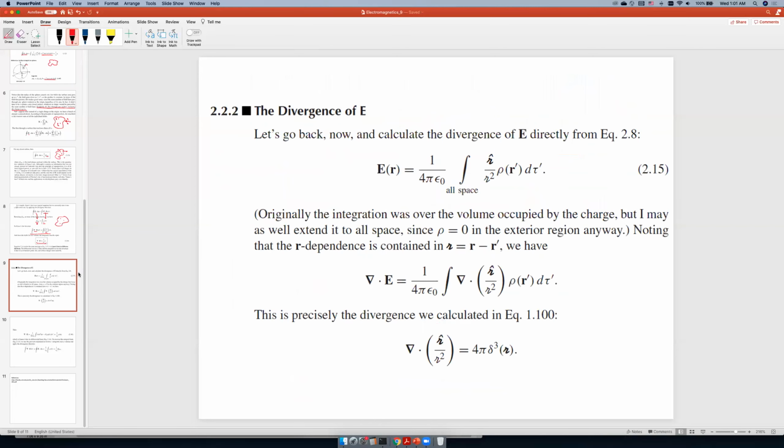But actually, another way to derive the Gauss equation is to directly calculate the divergence of E from equation 2.8, which describes how to calculate E, which is 1 over 4 pi epsilon 0, then Q over R squared dt, of course.